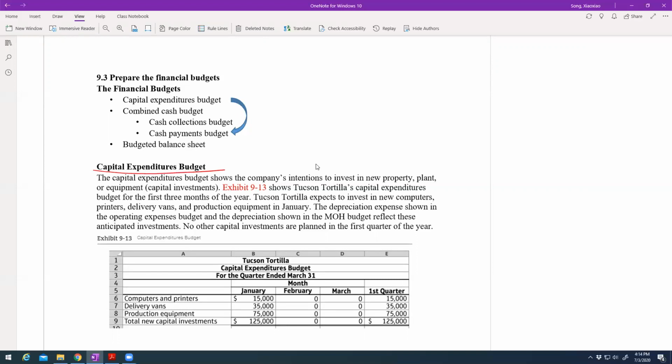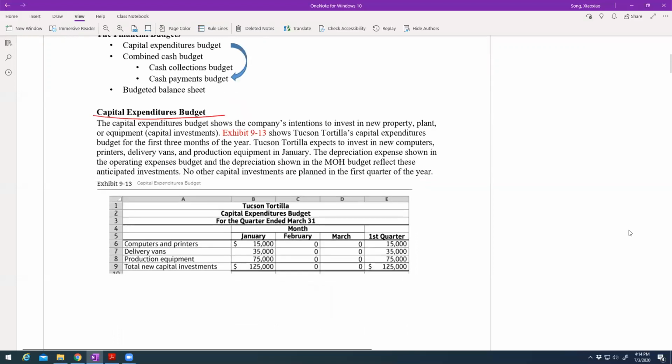First thing, what's the meaning of capital expenditure? We will talk about this more in chapter 12 when we do capital budgeting. But capital expenditure is where you invest your budget, your intention to invest, in new property, plant, or equipment. So basically, they are our long-term assets.